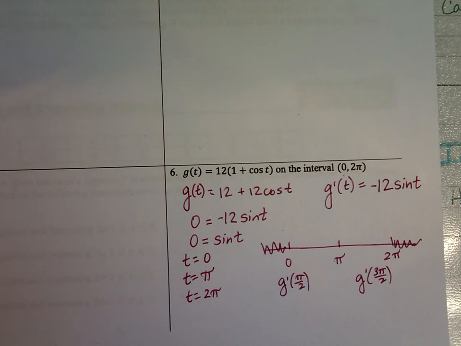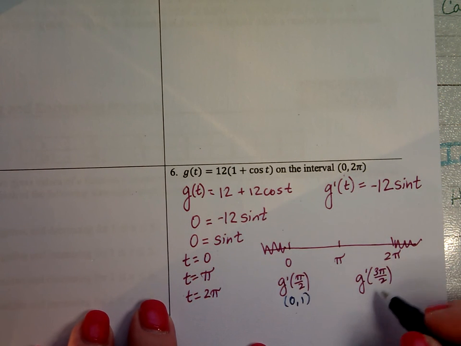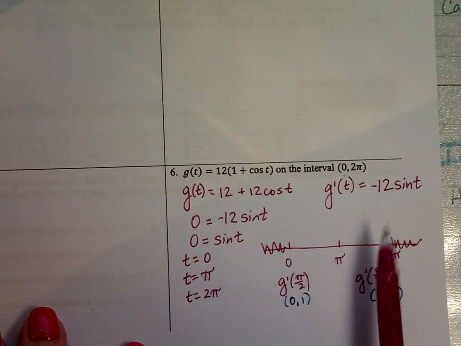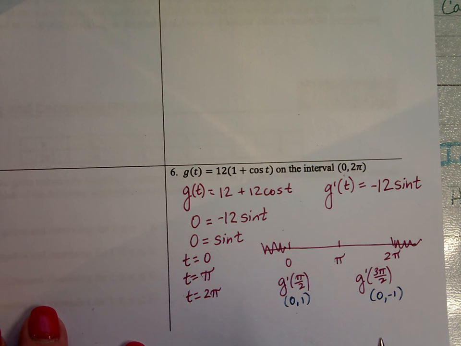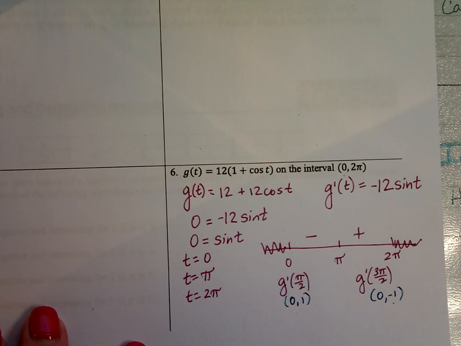So again, I'm thinking unit circle in this case. At pi over 2, the coordinate is 0, 1. At 3 pi over 2, the coordinate is 0, negative 1. I want the derivative, so negative 12 sine of t. Again, I only care if it's positive or negative. I don't care about the actual value. Sine is the y. So negative 12 times 1 gives me a negative for this side. Negative 12 times negative 1 gives me a positive on this side. The question's asking where it is increasing and decreasing, and to justify.